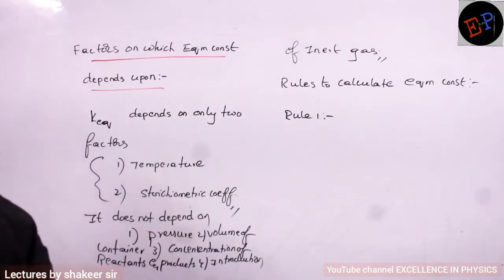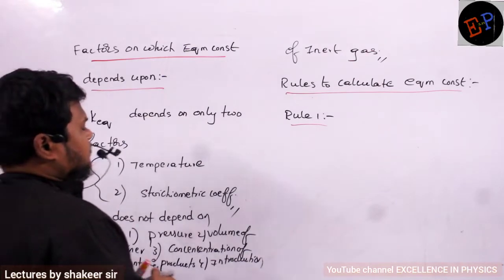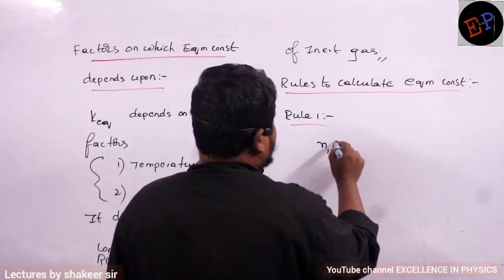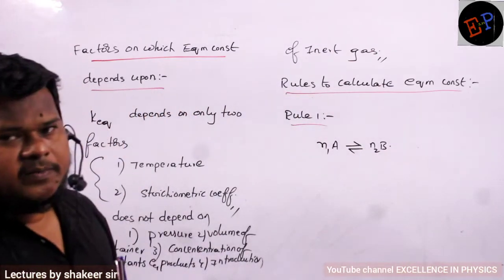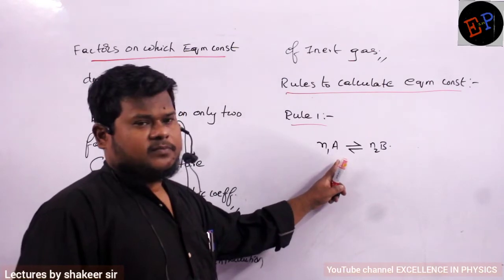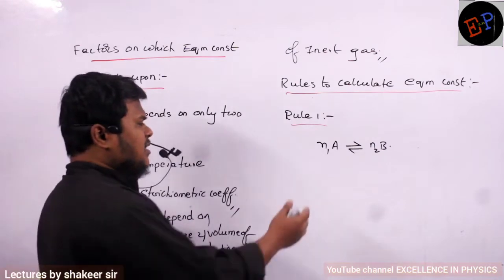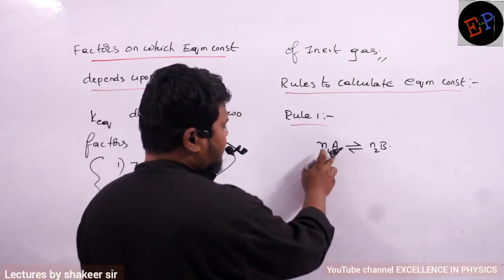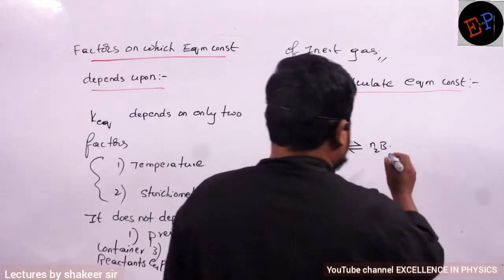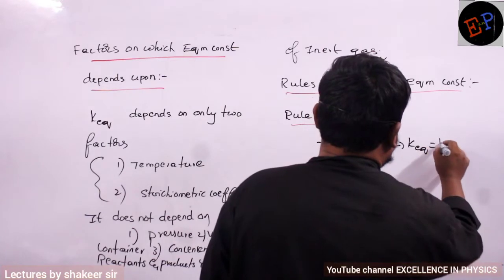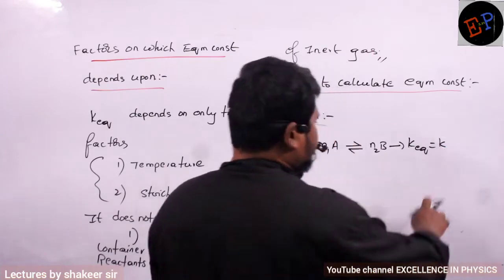Example: if I take n1 A reversibly forming n2 B, this is the reaction. n1 moles of A convert into n2 moles of B. Here A is the reactant, B is the product, n1 is the stoichiometric coefficient of the reactant, and n2 is the stoichiometric coefficient of the product. For this reaction, let the equilibrium constant be K.